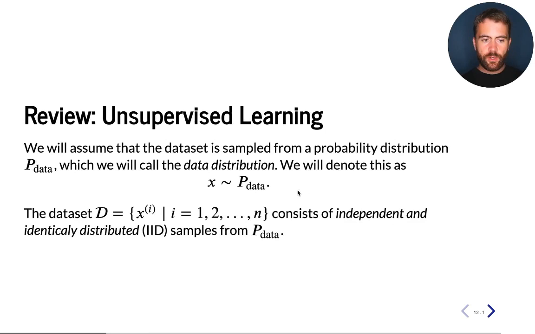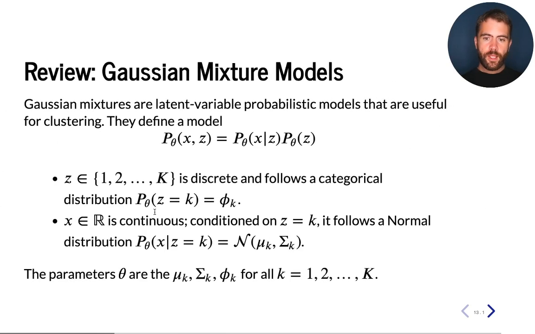Recall that we are in the unsupervised learning regime, and we are optimizing a model over a data set of attributes which do not have any labels attached to them. And one approach that we defined for this particular model is an approach based on Gaussian mixture models. A Gaussian mixture model is a probability distribution of this form.